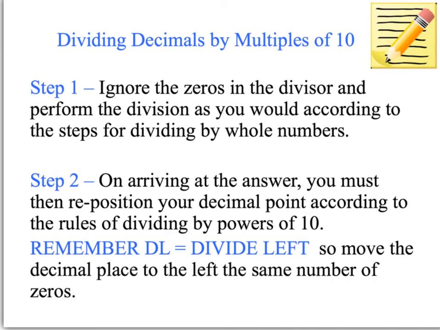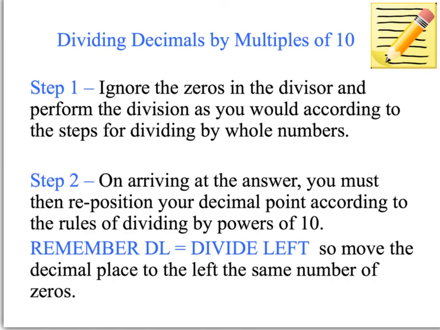Step 2 is when you get the answer, you have to put your decimal point according to the rules of dividing by powers of 10, which we did a couple of videos ago. So we have to put a few different skills together to get this happening. But it is pretty easy once you see it.